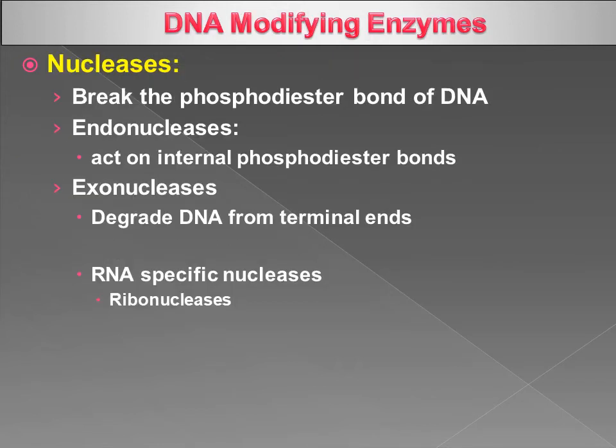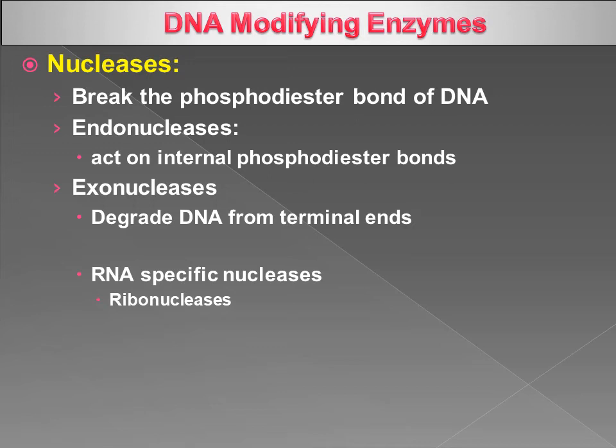The next is DNA modifying enzymes. These enzymes represent the cutting and joining function in DNA molecule manipulation. They are broadly categorized as nucleases, polymerases and enzymes modifying ends of DNA molecule. Now what are nucleases?